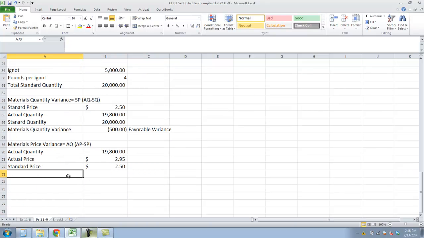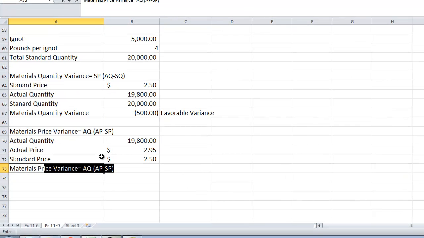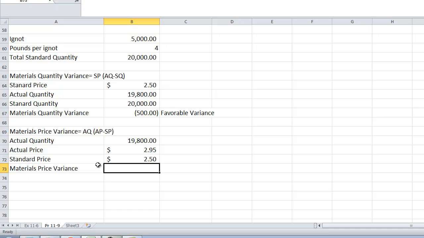So our materials price variance equals actual quantity times actual price minus standard price. And this is an unfavorable price variance.